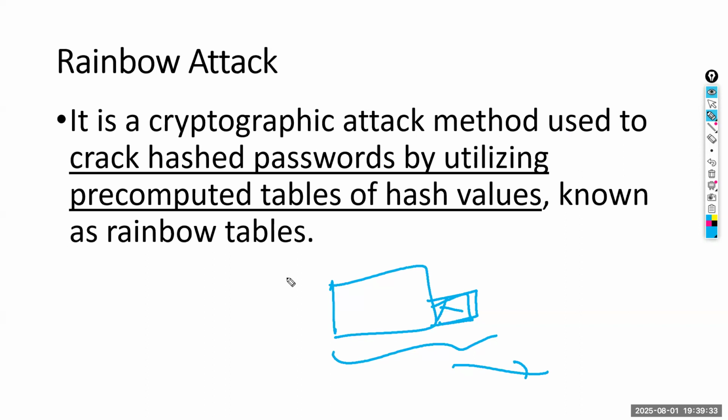So most of the time we save our password as a hash. So rainbow attack means we try to guess that hash value also. There are pre-computed tables of hash values, and we use those hash tables to guess your password. So then we say rainbow attack. So brute force attack, dictionary attack, rainbow attack.